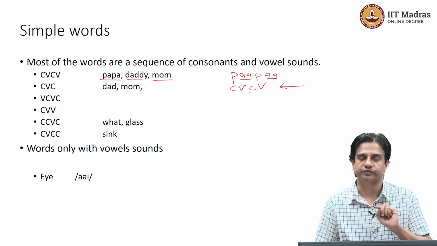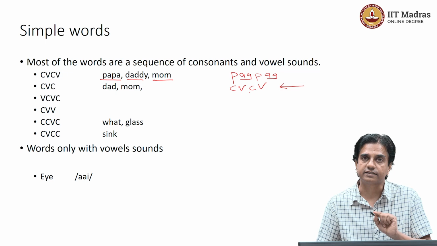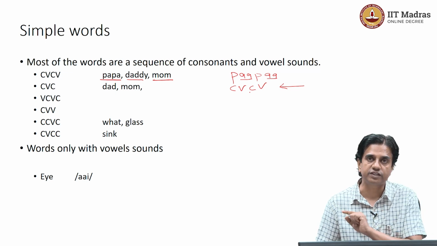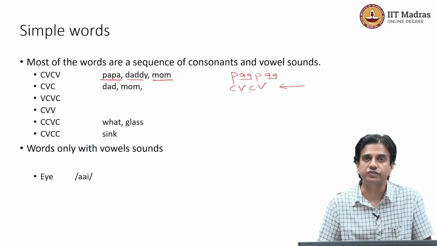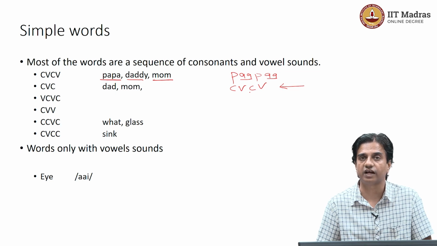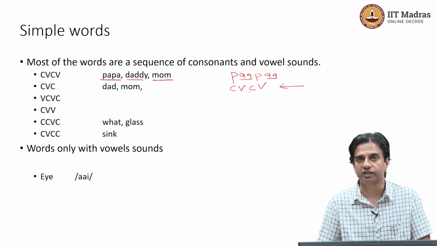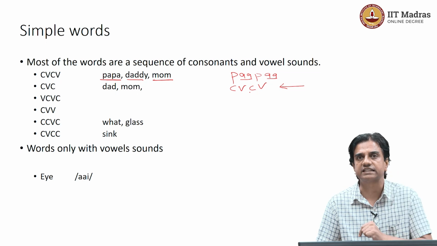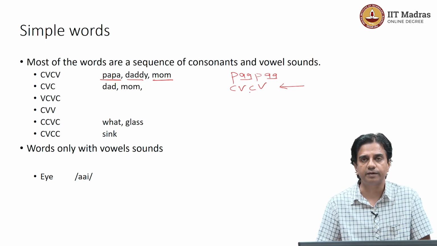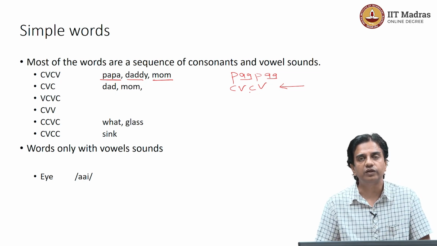Only that sound. What happens is, when we use a consonant sound in a word, that sound gets suppressed. So when we say papa, we don't say pa, a, pa, a. We say papa.